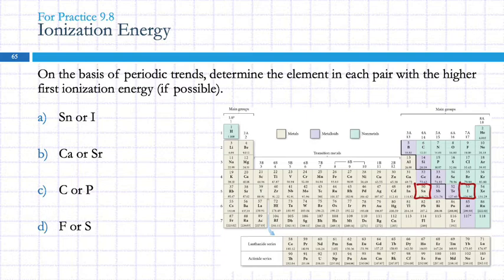Am I looking for a big atom or a small atom? Which family is hard to lose children? A small family. So to get the highest ionization energy, I'm looking for the smallest atom. So my trend going across is that they get bigger or smaller? They get smaller. This is the smallest atom of the two, so it has the highest ionization energy.